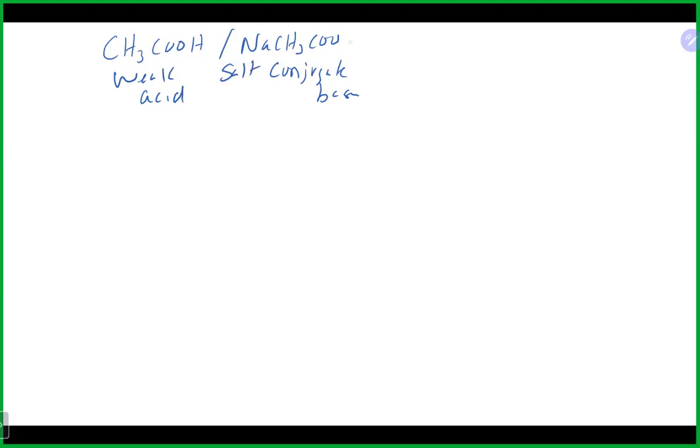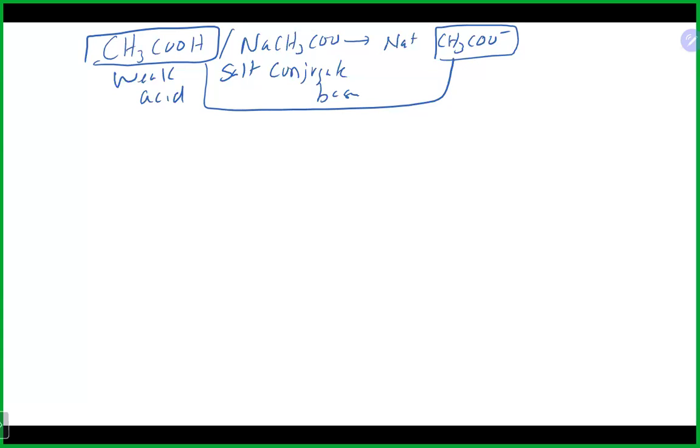The actual buffer is between these two things. This guy and this guy are the actual buffer components. The sodium is just a spectator ion. It's just floating around. It's really not involved in any of the buffering part. And if you look at the difference between those two things, that is your Bronsted-Lowry difference. The only real difference is 1 H plus.